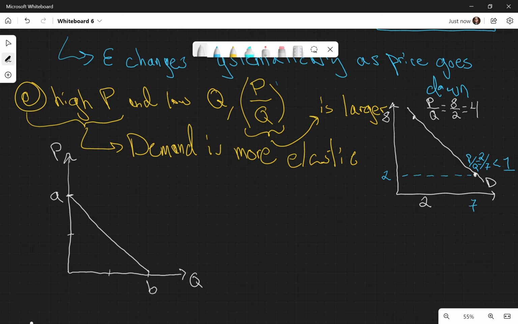So in the middle here, at the point b over 2 and a over 2 of this particular example, the elasticity in the very middle is going to be equal to 1. The points above that are all going to have elasticities greater than 1, and the points below it are all going to have elasticities less than 1.